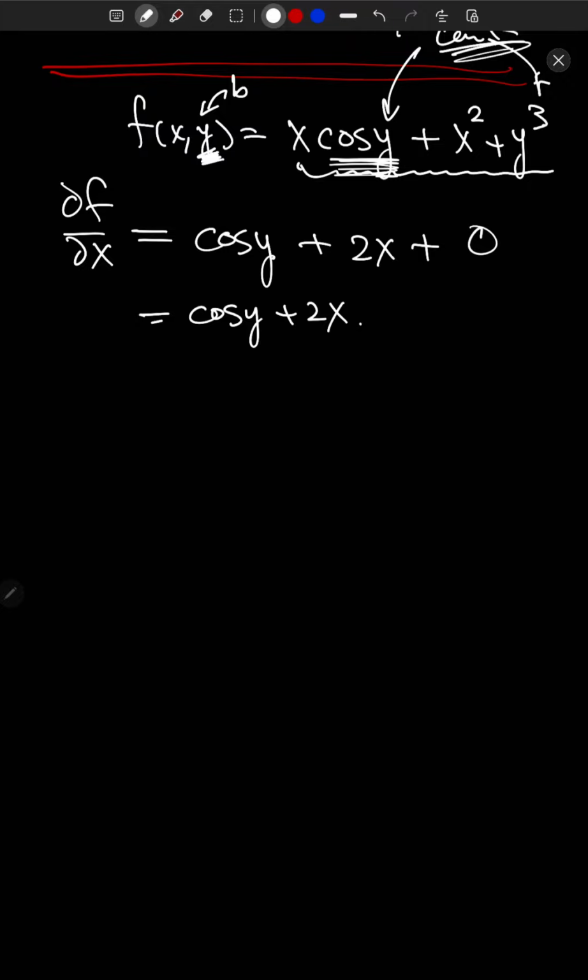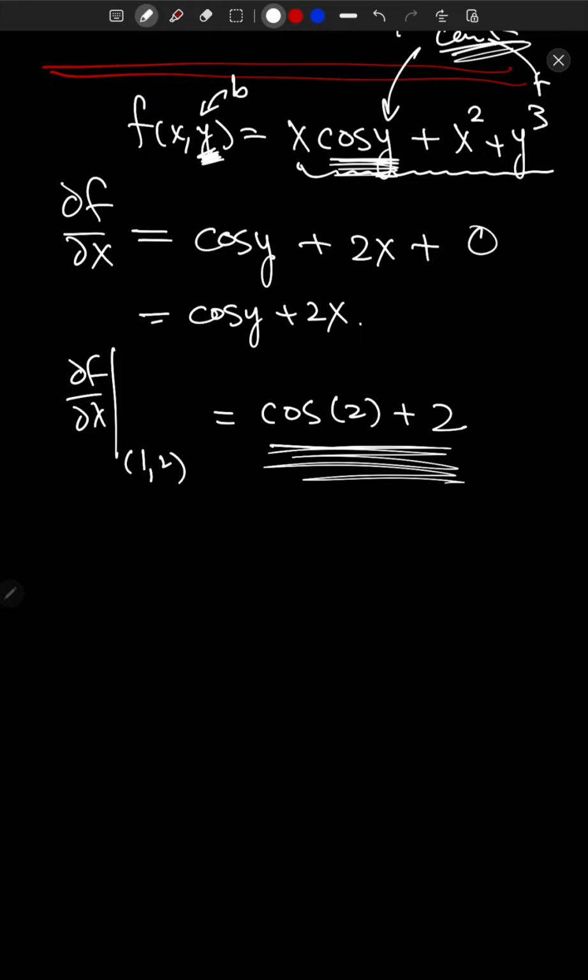And again, the interpretation of this, for example, df dx at, let's say, 1 comma 2 would be cosine of 2 plus 2. What does this number mean? It tells you how your function is changing as you move in the x direction.